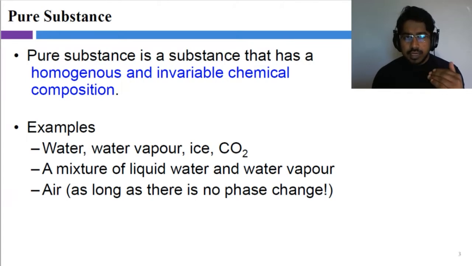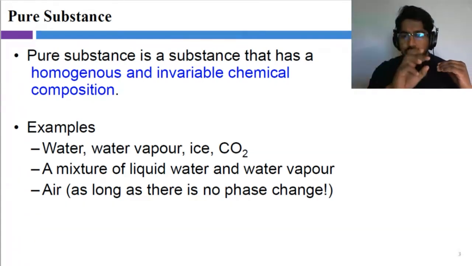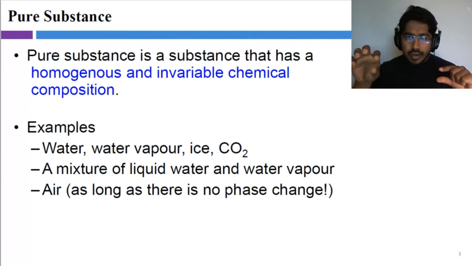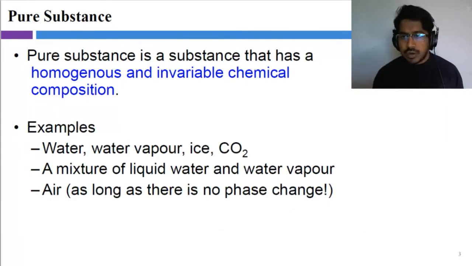So now all of a sudden, let's assume that nitrogen freezes first, right? And then nitrogen freezes and oxygen, CO2 and other things will be moving around in the space. Now if we think of the frozen component or like liquefied component and the other gaseous component, then the composition is not the same. So that's not going to be a pure substance. That's why there's a disclaimer: air is a pure substance as long as there's no phase change. Okay.